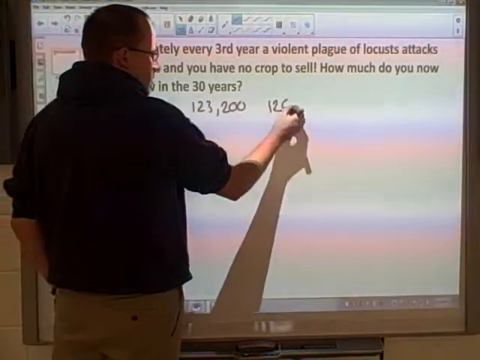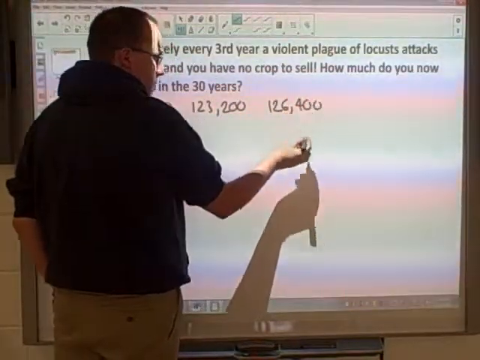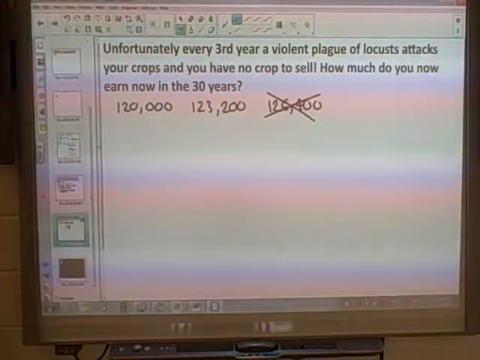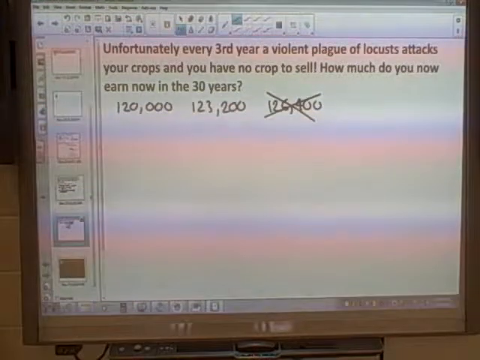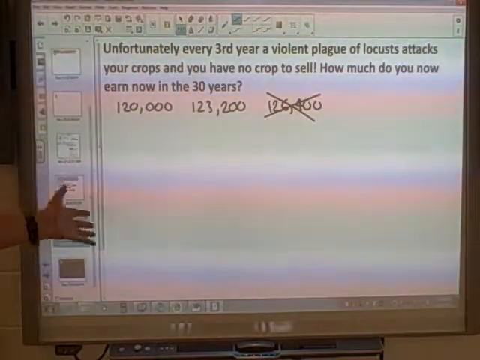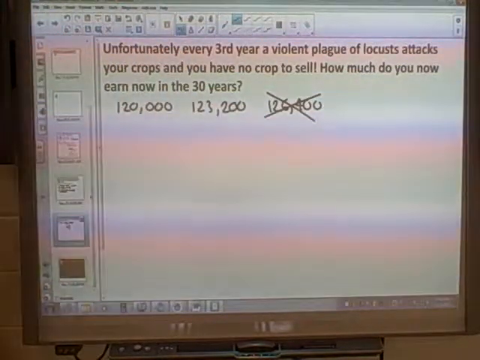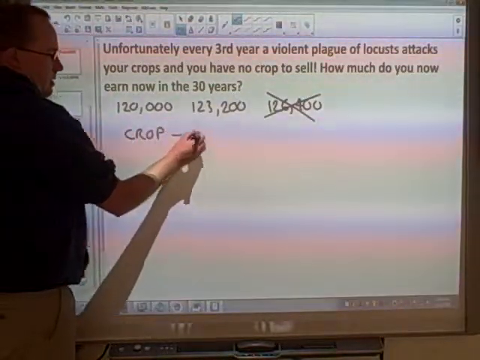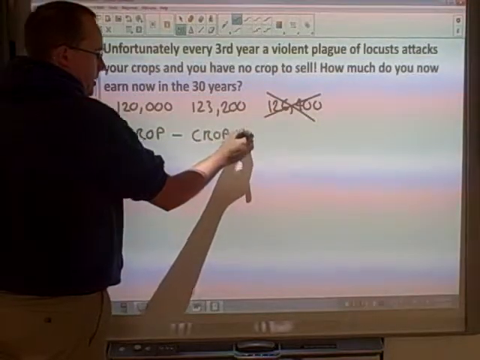And then this is how much crop we produce in the third year, but unfortunately it gets eaten, so we don't manage to sell anything at all. We worked out the whole 30 years assuming all the crop was there. So what we need to do is figure out how much crop we have, and then subtract how much crop gets eaten.